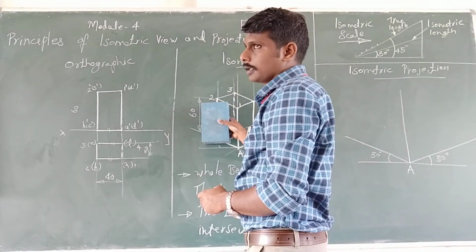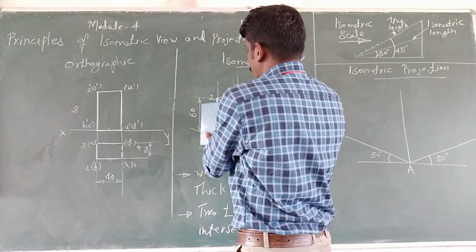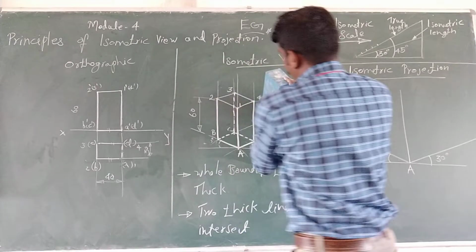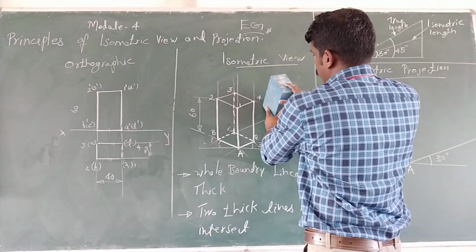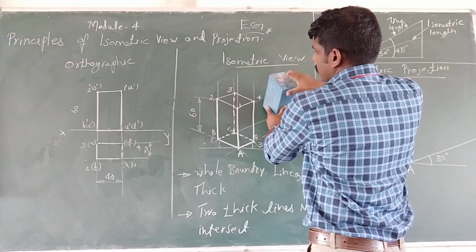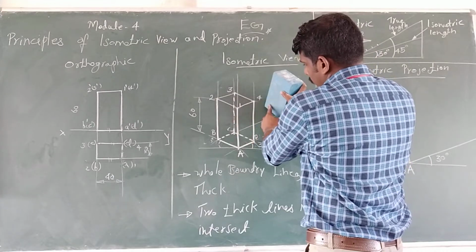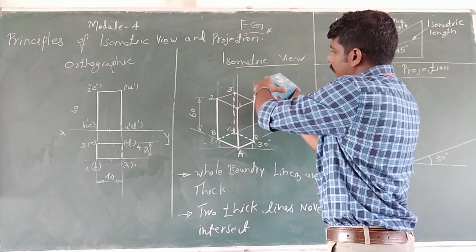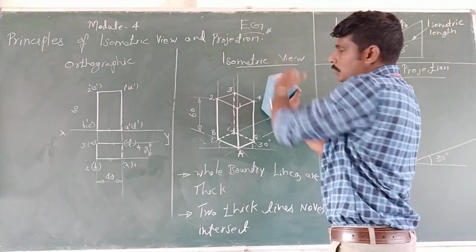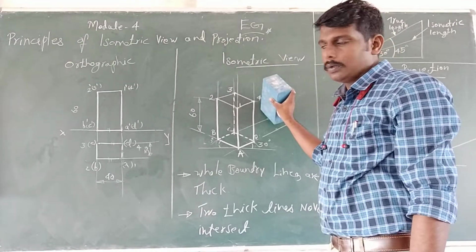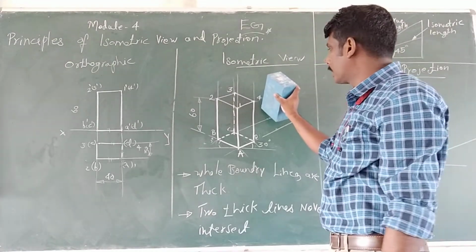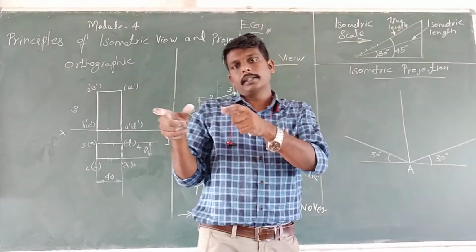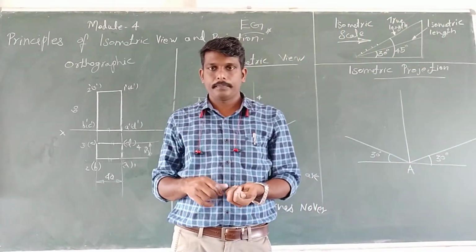Then the true length is obtained. But here the solid looks like this. I am looking at the object perpendicular to the solid diagonal. So the view is just like this here. Now there are no lines actually parallel to the plane. All the lines are inclined. So definitely the lengths should be reduced.